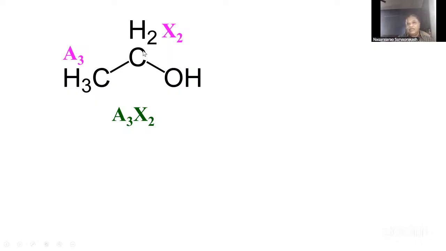So we call it an A3X2 spin system. You understand? This is A3, this is X2. Why not B2? If it were very close in chemical shift, it would be B2. Since it is very far away, due to the OH attached to this, the chemical shift separation is large. Hence, I call it an A3X2 spin system.